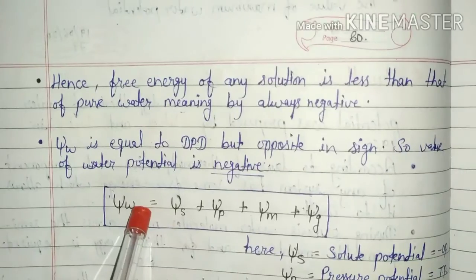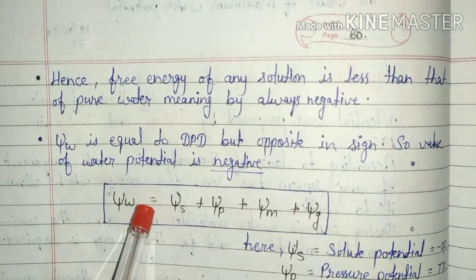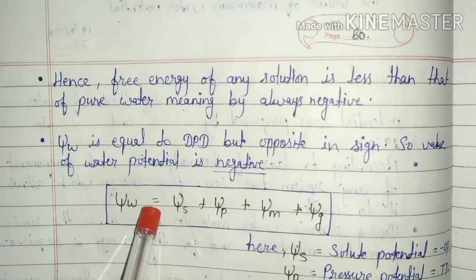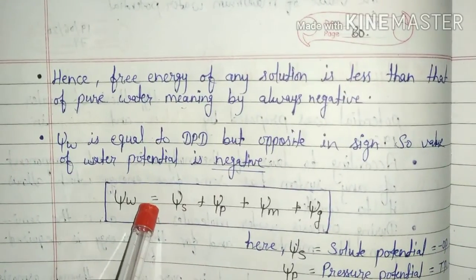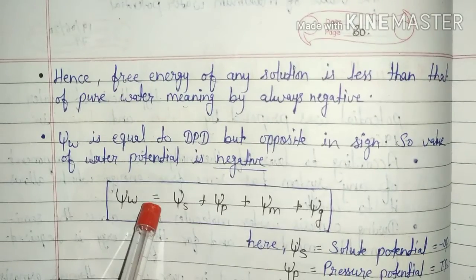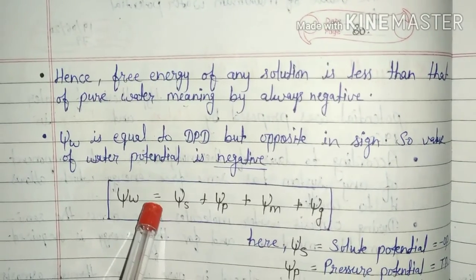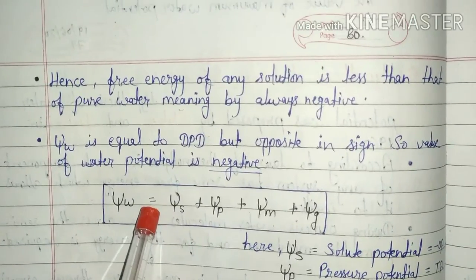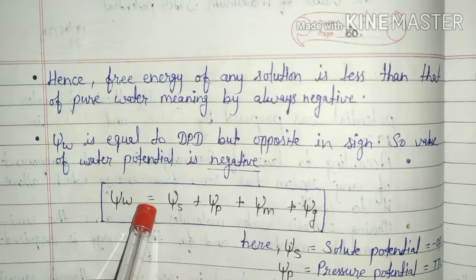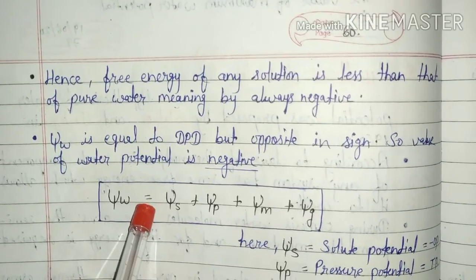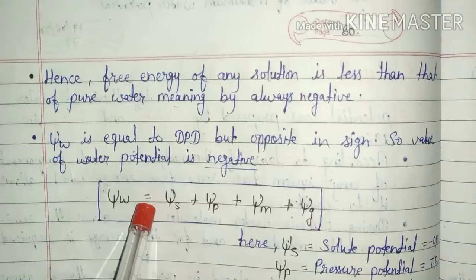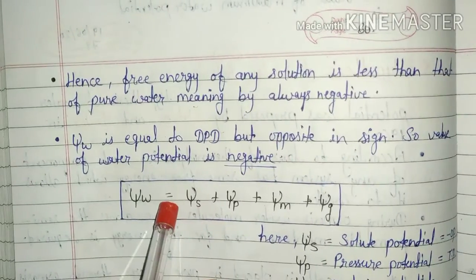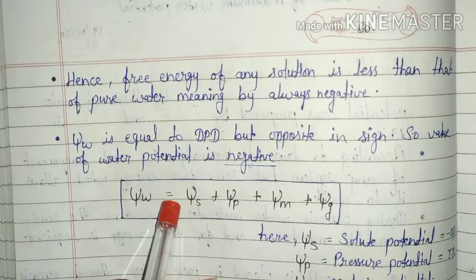Osmotic pressure is called solute potential or osmotic potential and it is expressed as psi s. The value of osmotic pressure and osmotic potential is equal, but the only difference is that the value of osmotic pressure is positive and that of osmotic potential is negative.